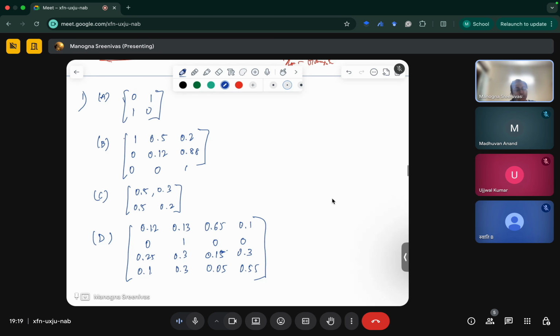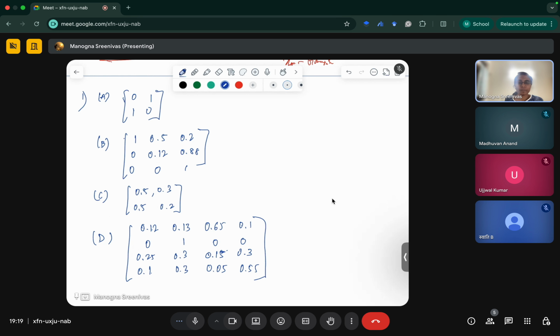So what are the properties of transition matrices? DDPMs are modeled as a Markov process, right? Which follows the Markov property, and the properties of the transition matrices follow the Markov property. So which of these can be transition matrices for some Markov chain?